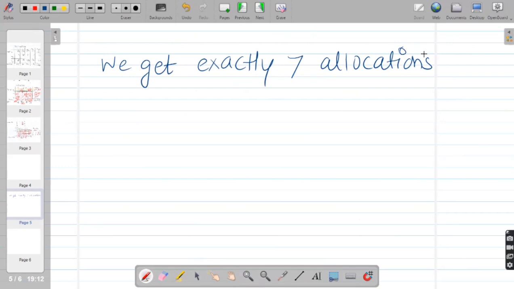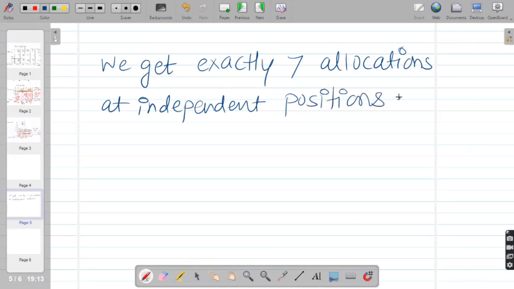Okay, those cells become occupied and those units are called as allocations. We get exactly 7 allocations at independent positions. Therefore, this is just an initial basic feasible solution. Okay. This IBFS is non-degenerate.